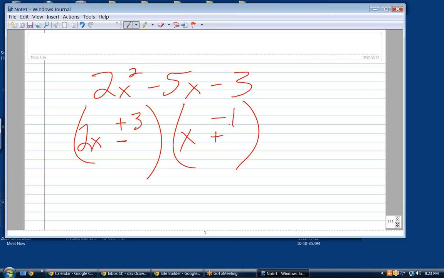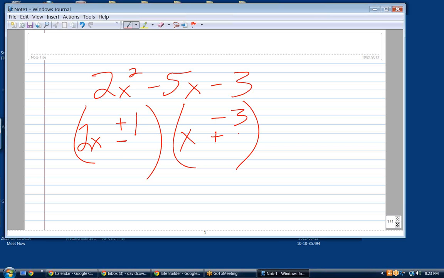I'll try that. What does that produce for a middle term? 3, you get 3x, and then negative 2. I got negative x. Okay, so that's not right. So let me try switching the numbers. So let me put the 1 there and the 3 there. Now what do you get for a middle term?